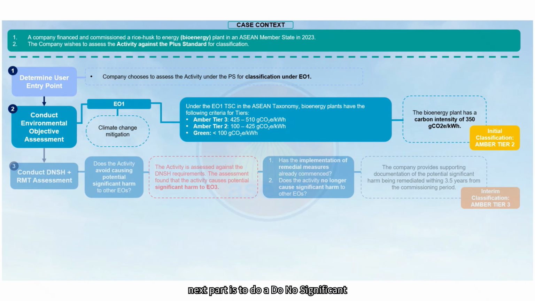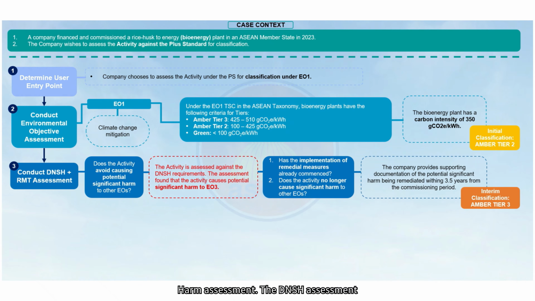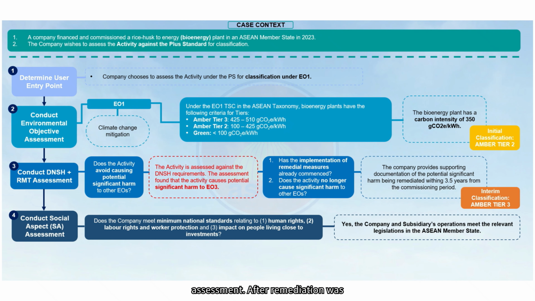The next part is to do a Do No Significant Harm assessment. The DNSH assessment reveals potential harm to ecosystems under Environmental Objective 3. However, the company submitted comprehensive remediation plans to address these impacts within 3.5 years, leading to an interim classification of Amber Tier 3, confirmed by the Social Aspect Assessment.